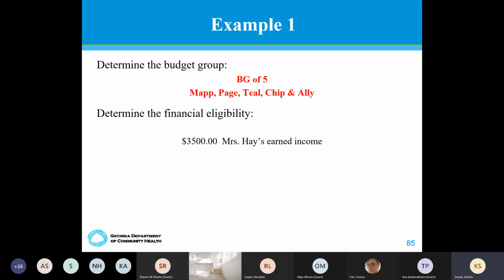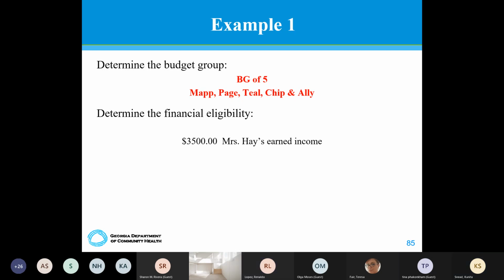So if we look at a budget group of 5 for the 133%, what is the income limit? $3,441. That is correct, $3,441. Remember, their income is $3,500. So are they eligible right now?